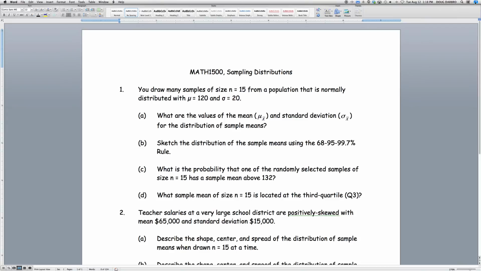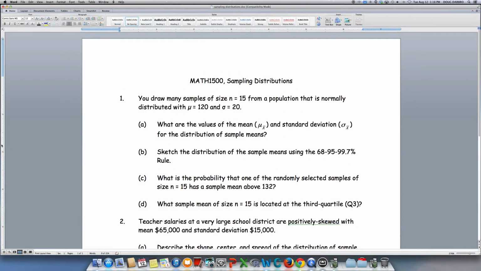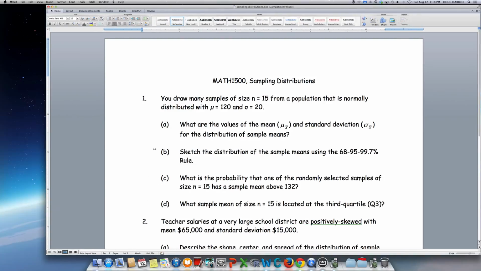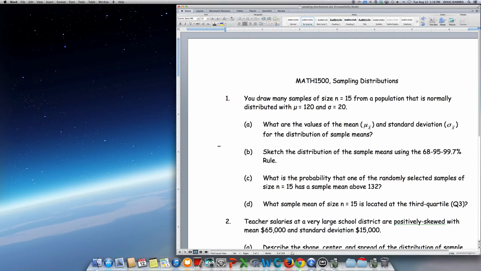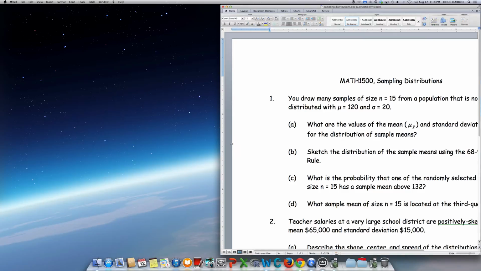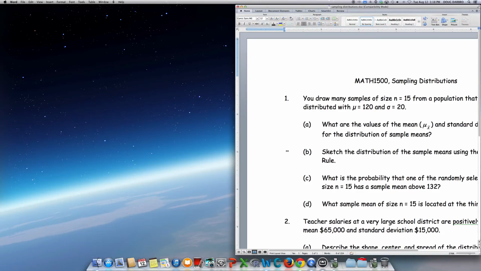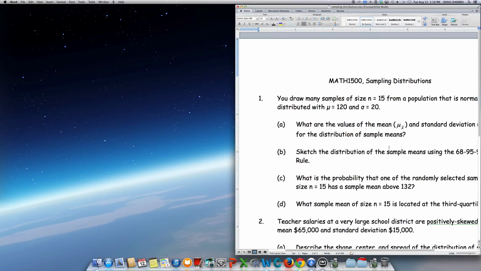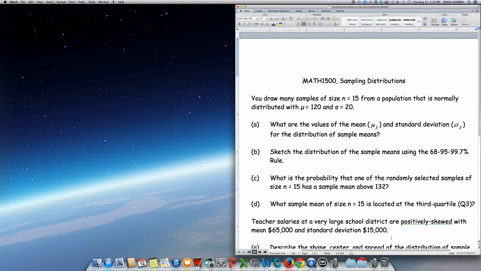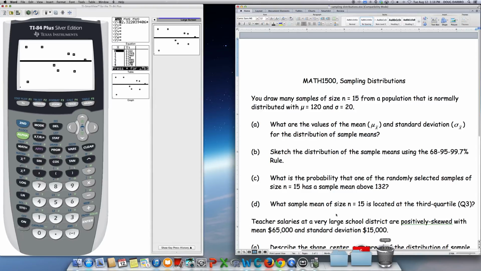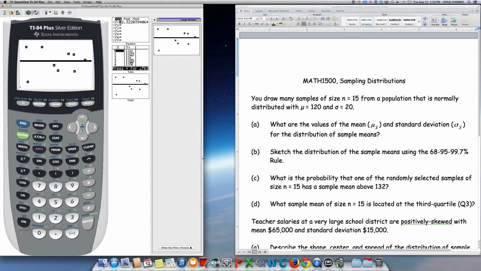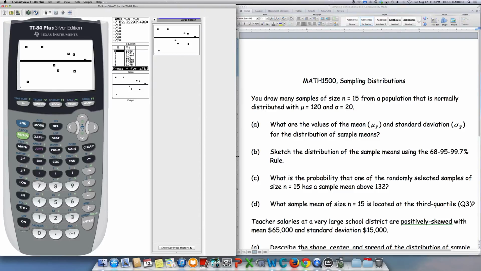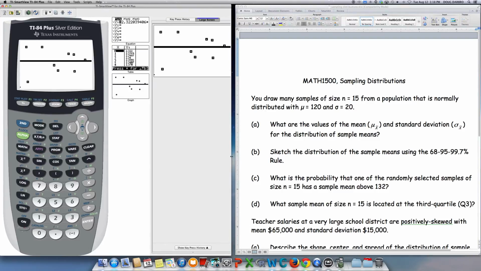I want to do dual screen so I can bring the calculator up and show you how we do this stuff on the calculator. All right, cool. And cooler. All right, guys.